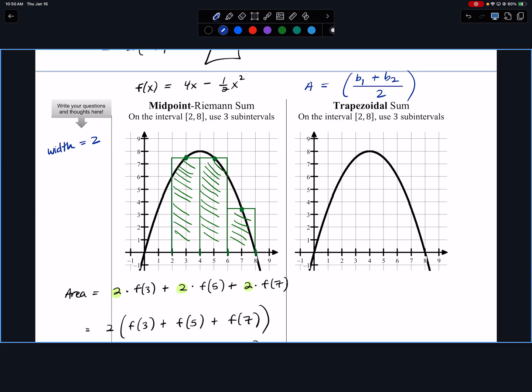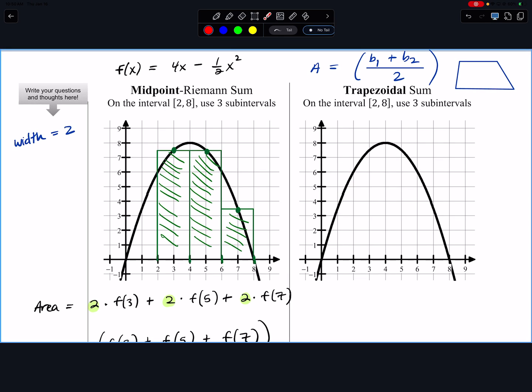Because a trapezoid normally looks something like this. Okay? The only difference is it's going to be kind of rotated because of the way that our trapezoid is going to be drawn here. You guys will see what I mean.